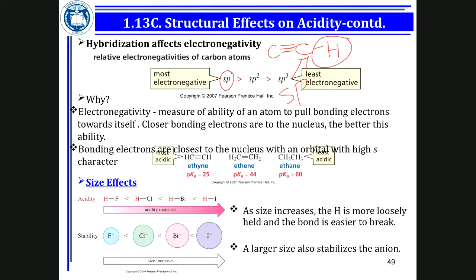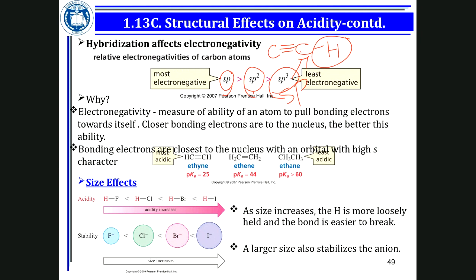The more s character of the carbon that carries the hydrogen, the stronger the acid. sp has more s character because one s is mixed with one p. For sp2, you have one s and 2 p orbitals. For sp3, it is one s and 3 p orbitals. So s character for sp is greater than sp2, greater than sp3. So the greater the s character, the stronger the acid is going to be.